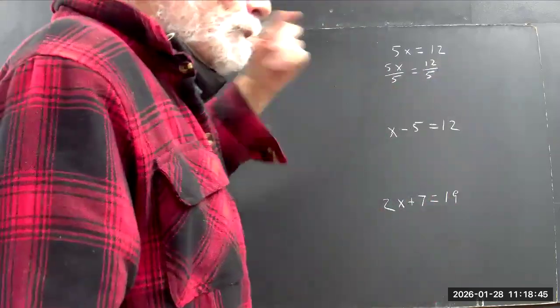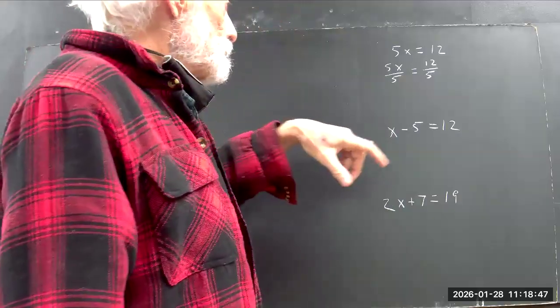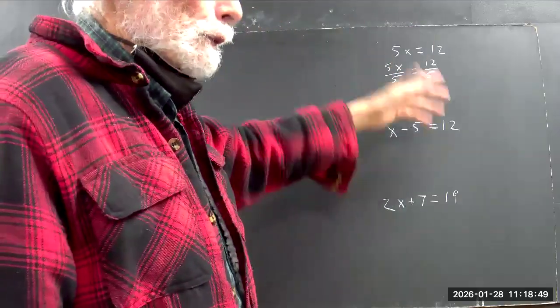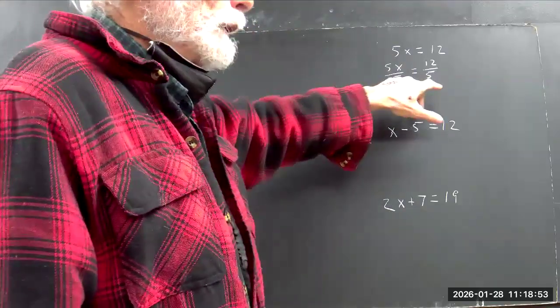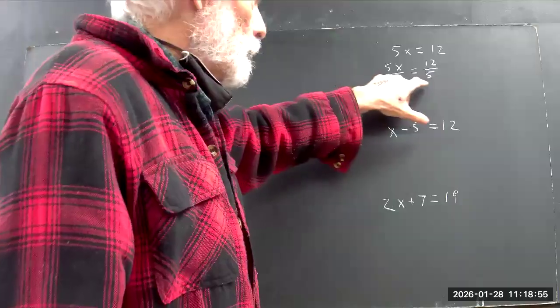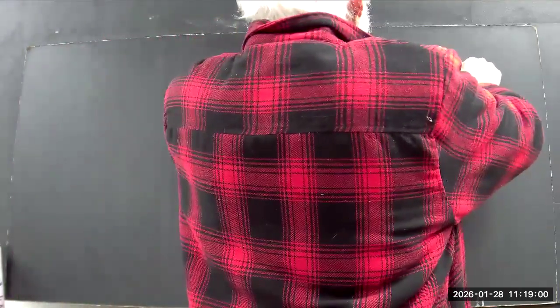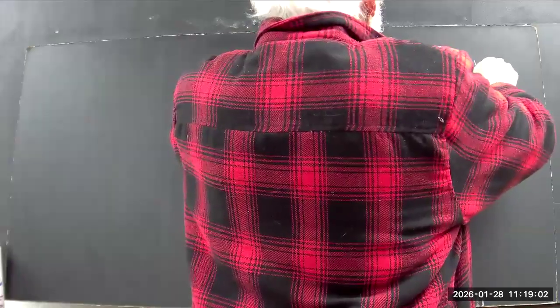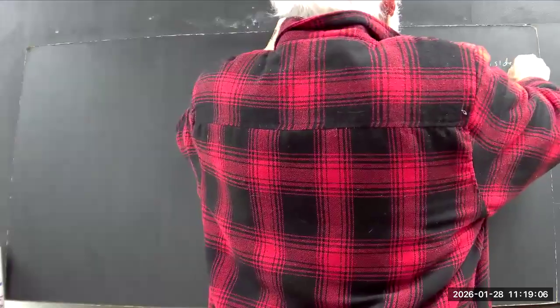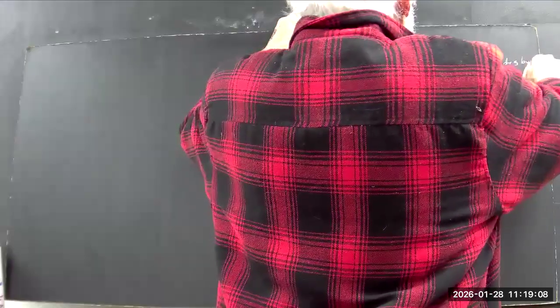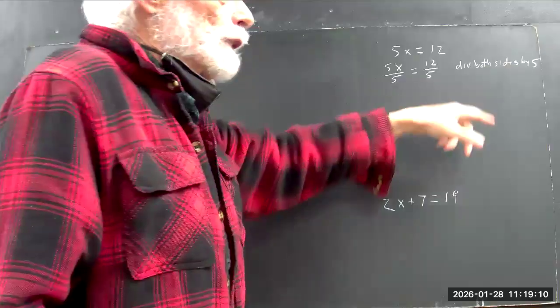Now, nobody here got the wrong answer. Everybody got the right answer. So I assume we did this, but be sure that you're writing out this step and then make yourself a note. You divide both sides by 5.